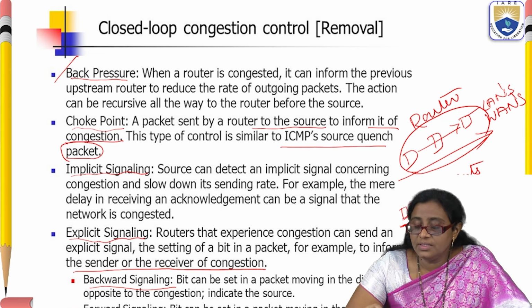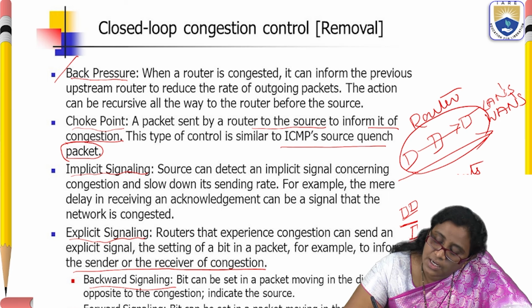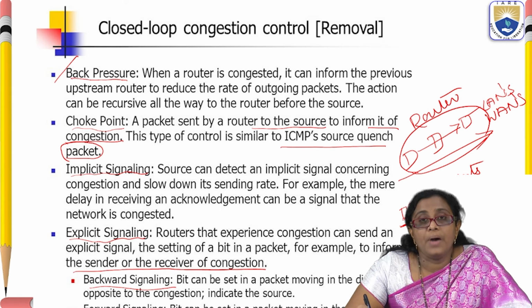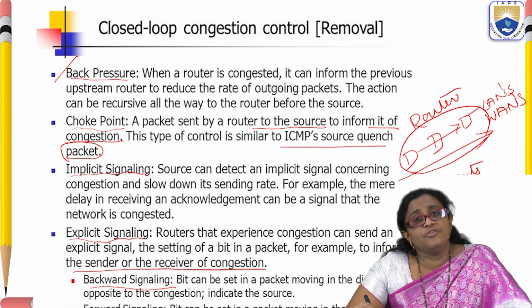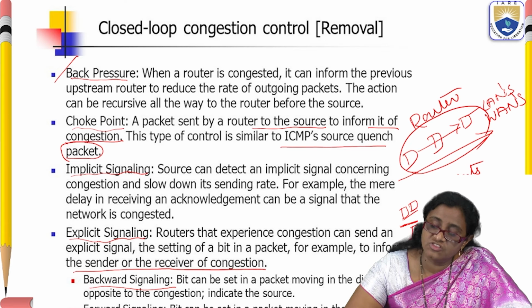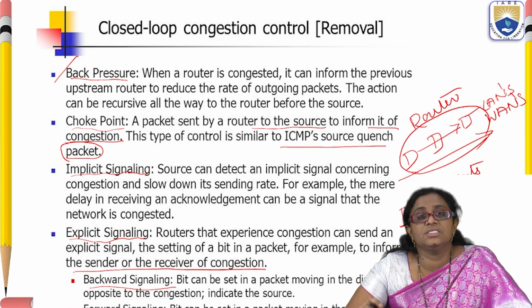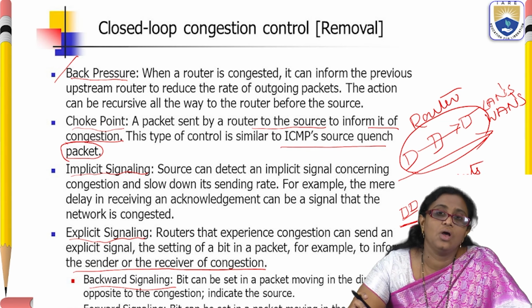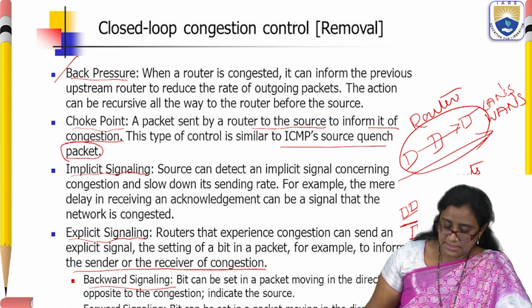So whenever the bit is transmitted on a particular path, checking the condition of the total path, whether it is congestion oriented or free flow, it will come back and give the direction to a particular router, whether there is congestion or the path is totally free flow. That condition we can call a backward signaling.